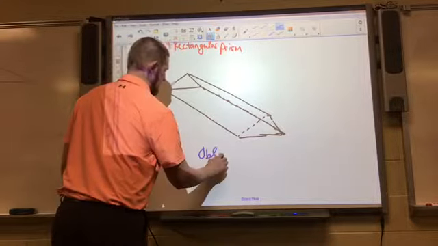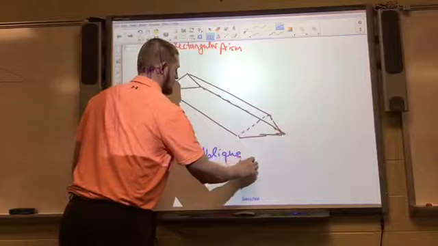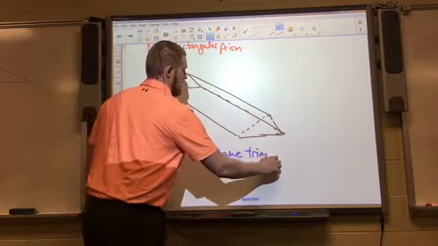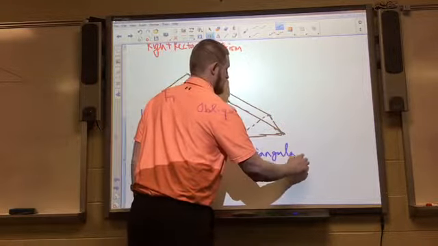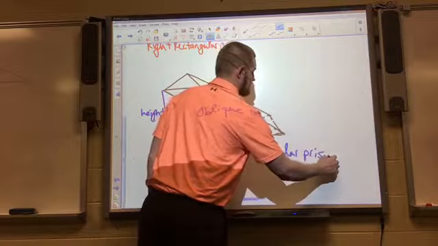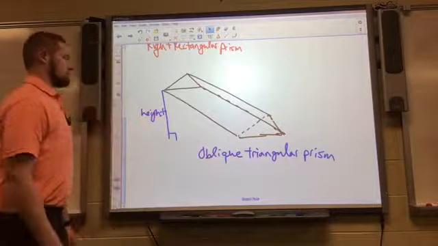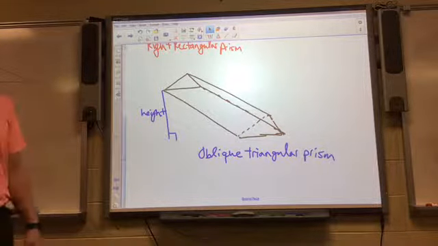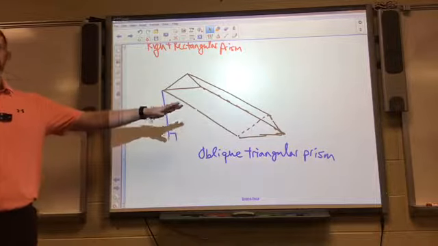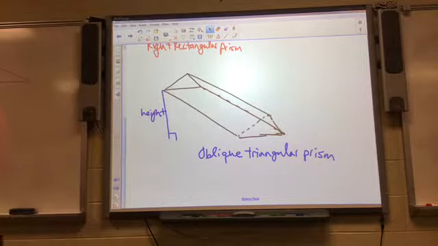This is an oblique triangular prism, because the height is not actually in the shape or on the shape, it's outside of it. It's slanted or leaning over.